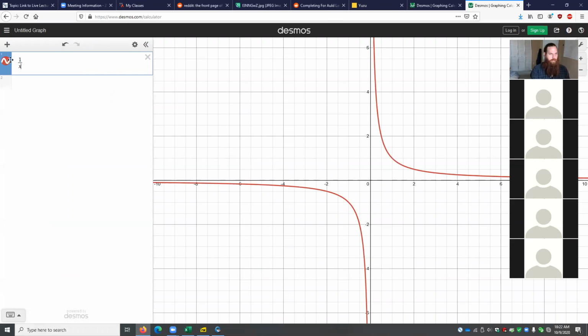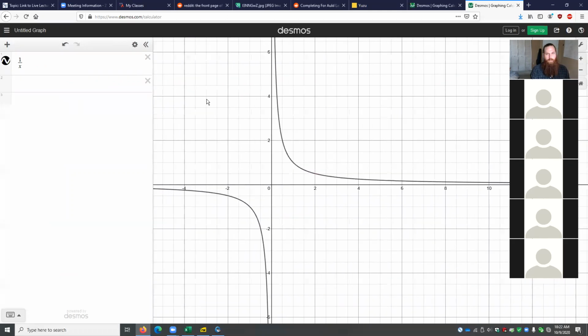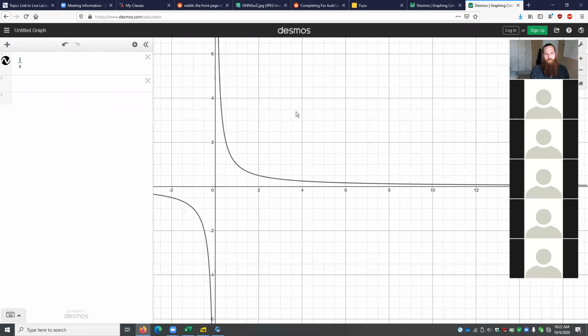Just say 1/x. I'm going to put this in black. I'm going to be thinking about type 1 integrals done from 1 to infinity. So maybe I'll add that.